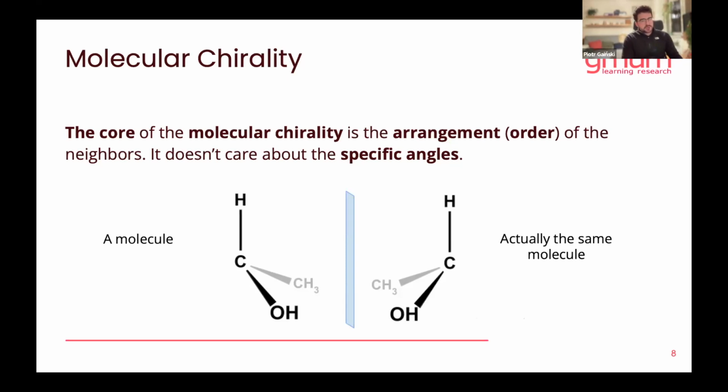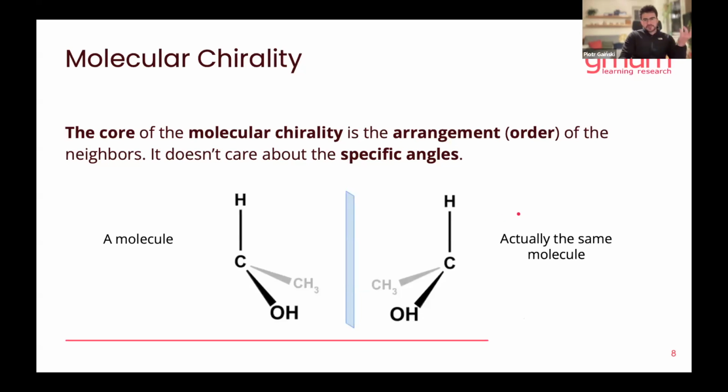I guess that's because molecules have some degrees of freedom, and these bonds can in some sense straighten up, because it's energetically feasible for them. So we are not really interested in that kind of almost chirality. We are not interested in angles, meaning that the core of molecular chirality, I believe, is the arrangement of the bonds, the order of the bonds. It will probably make more sense when we talk about the explicit tagging of molecules.